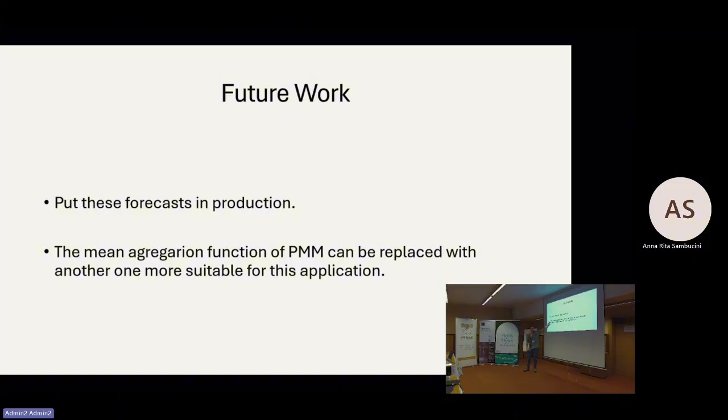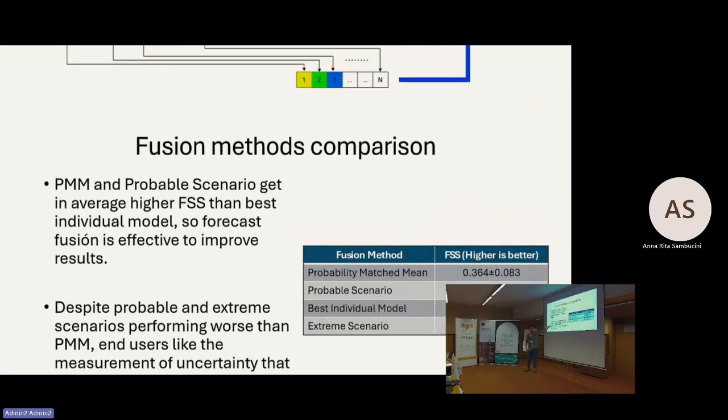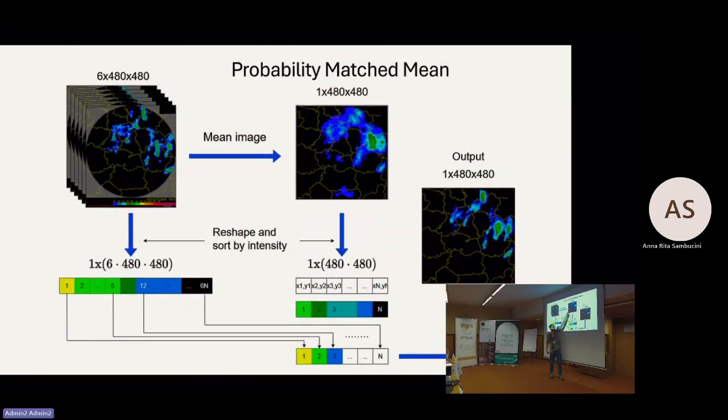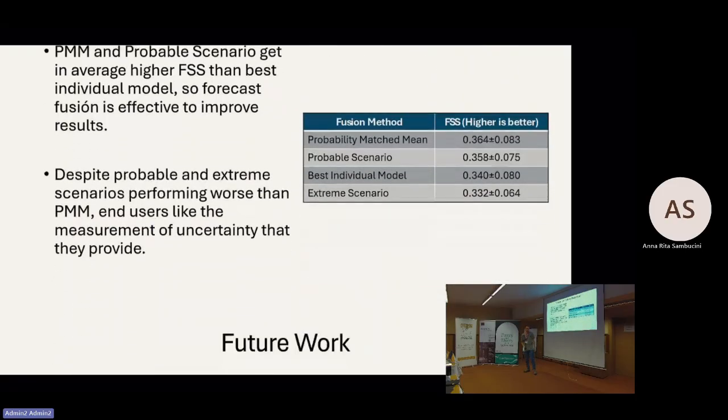Also, this is interesting: this mean image that is calculated here can also be modified with another function. We tried some Choquet integrals and got some interesting results, but I don't think at the moment they are that good, so I didn't put them here.